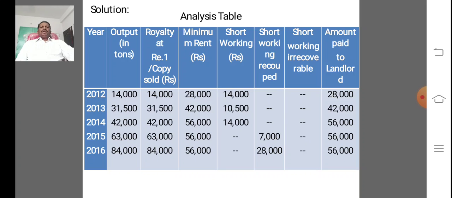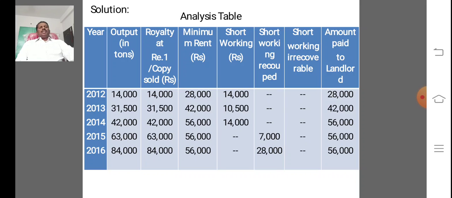But minimum rent is 28,000. So royalty is less than minimum rent. The difference is called short workings, 14,000, and the amount paid to landlord in this year is 28,000, that is, whatever the minimum rent is, is paid.